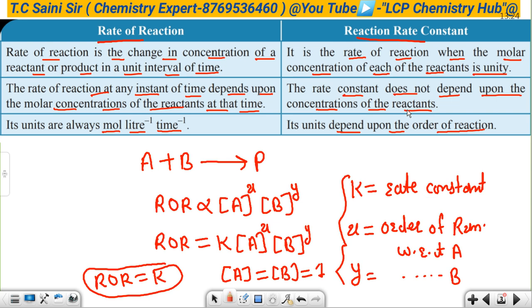It depends upon temperature and the stoichiometric coefficients of a balanced equation. Third, the unit of rate constant changes with the order of reaction. That means reaction rate constant units depend upon the order of reaction.